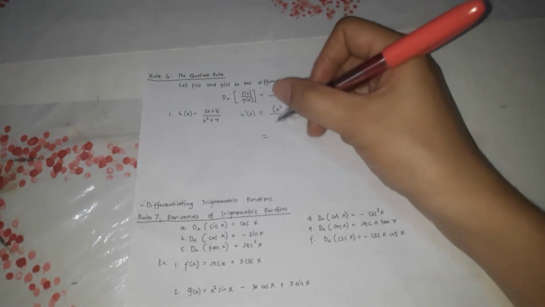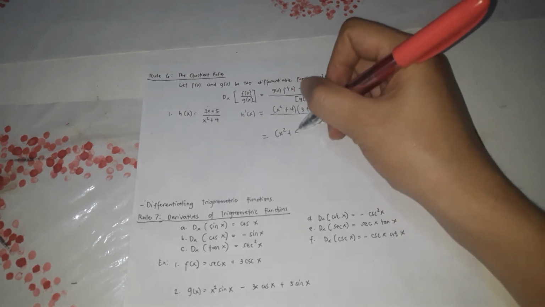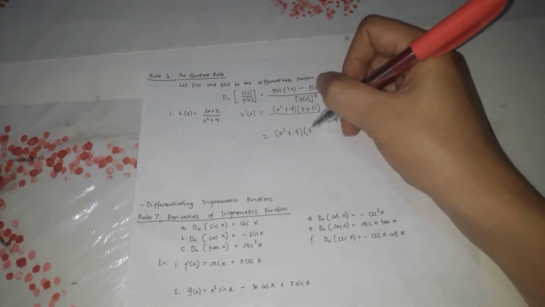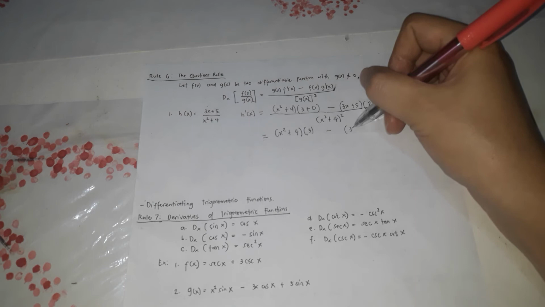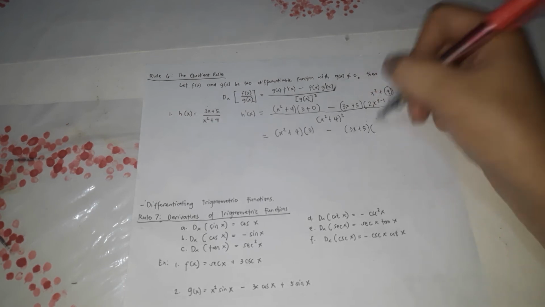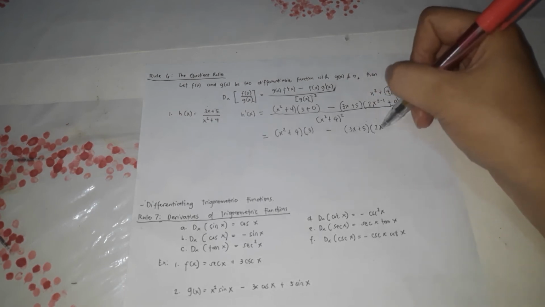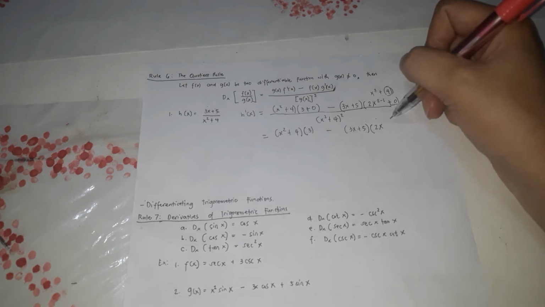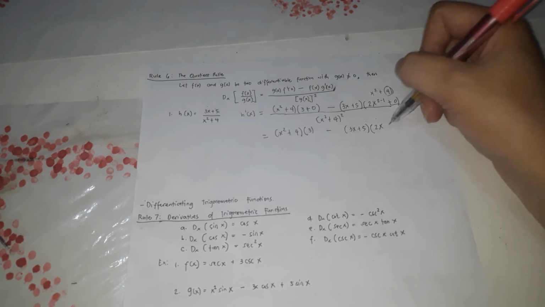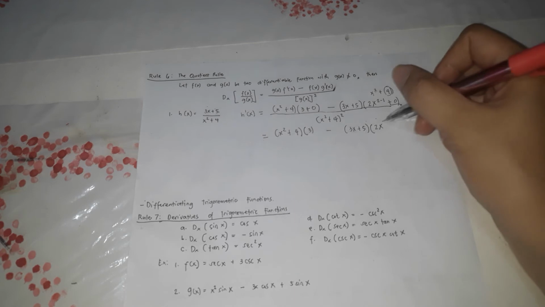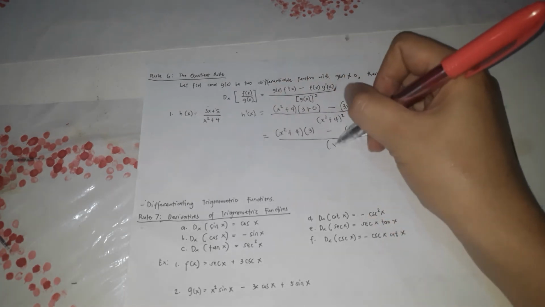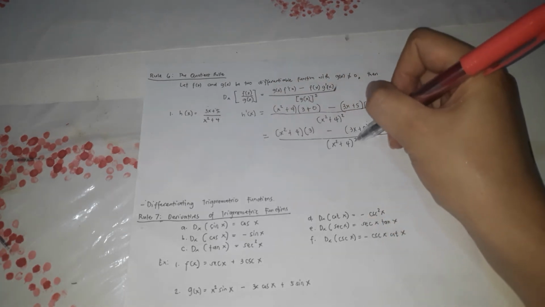Next, simplify. x squared plus 4 times 3 plus 0 is 3, minus 3x plus 5 times 2x, since x to the power of 2 minus 1 is 1, so just 2x, plus 0, over x squared plus 4, squared.